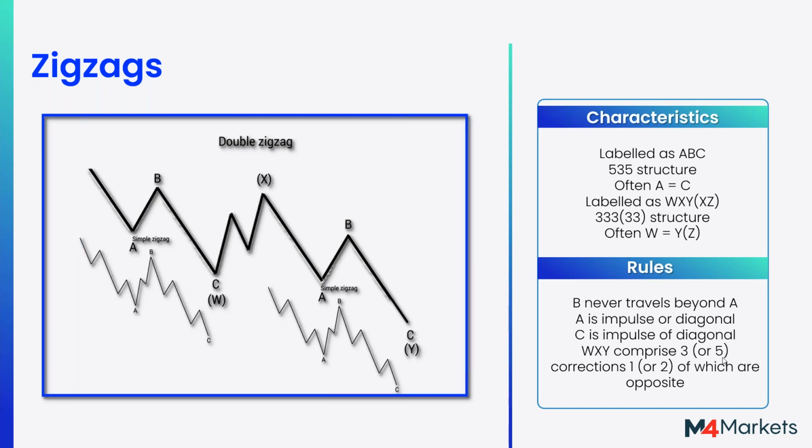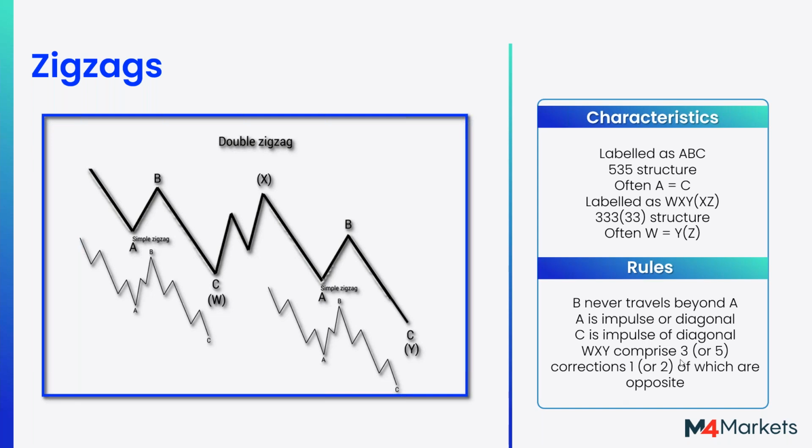Now, W, X, and Y comprise 3 corrections, of which 2 are actionary and 1 is reactionary. It's a bit confusing, but let me explain. We have W, X, and Y. W and Y are actionary corrections, and the third correction is the X, which is reactionary.